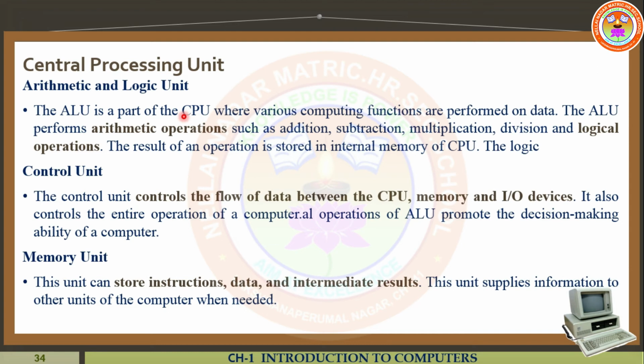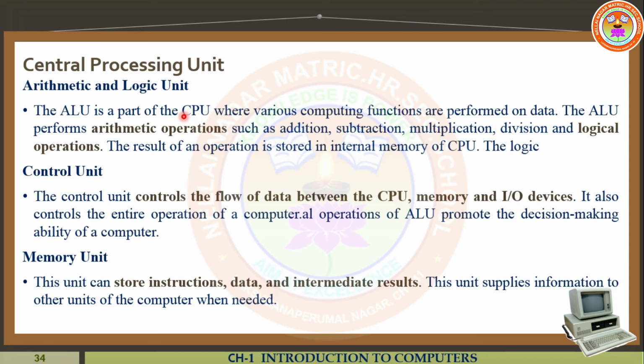Okay, right. The next thing is the control unit. The control unit controls the flow of data between the CPU and memory and input output devices. That means this unit especially controls the flow of data, from the CPU to the memory device and from the memory to the input output device. So this is the platform to convey information from one part to another part with the help of which unit?